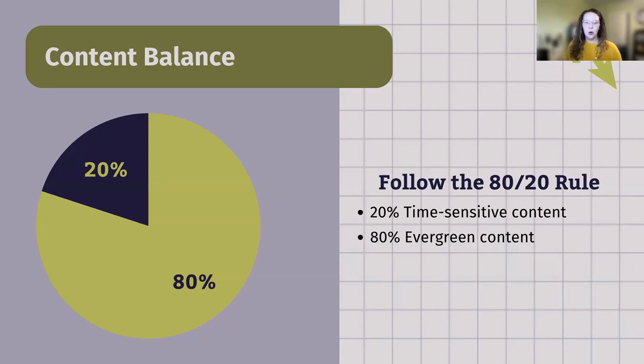So the goal is to invest your time in creating content that will work for your business for a long time and give you that strong ROI. Time-sensitive content is, of course, still important, but it doesn't have that same long-term ROI that evergreen content has.